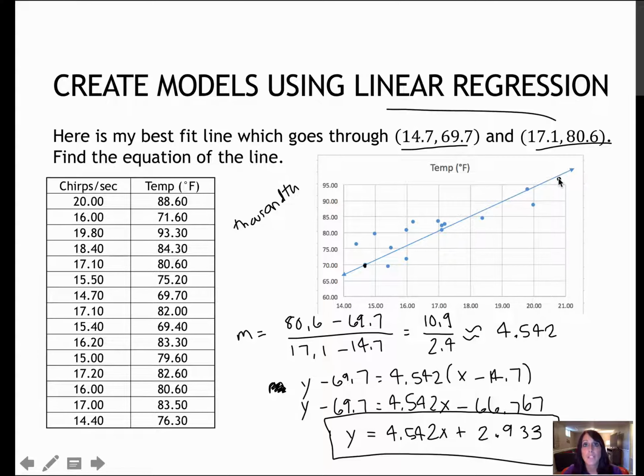Now, I'm a person, and people are not as good at calculating things as machines. So what we're going to do next is look at the best fit line, or the linear regression line, that has the least amount of residuals.